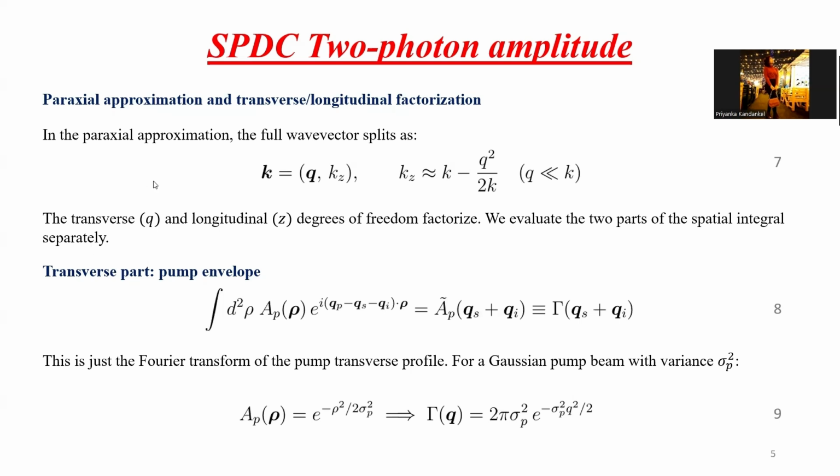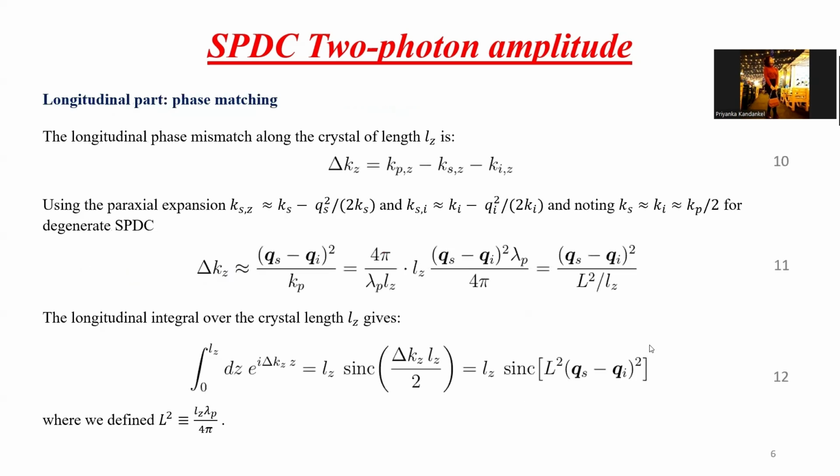The transverse part integrates over the pump beam profile and gives a gamma function, which is the Fourier transform of the pump's transverse shape. For the Gaussian beam with width sigma p, this is a Gaussian in ks plus ki.